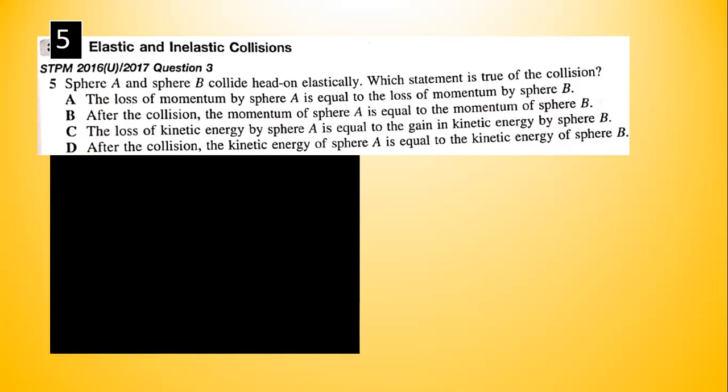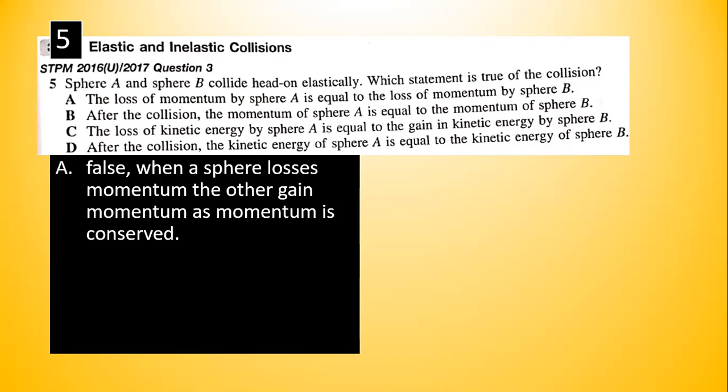Conservation of momentum. If there is a loss of momentum for A, then it should be equal to the gain of momentum for B. False. When one sphere loses momentum, the other gains momentum as momentum is conserved.